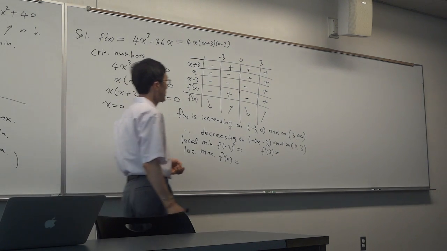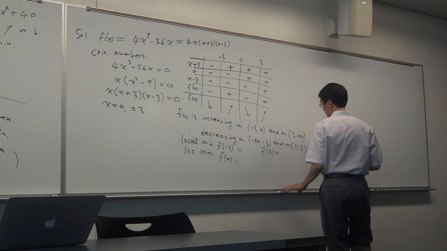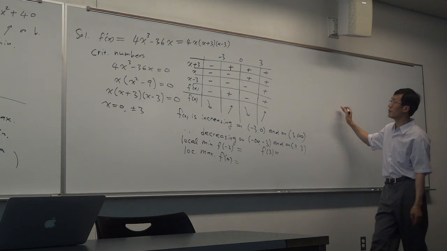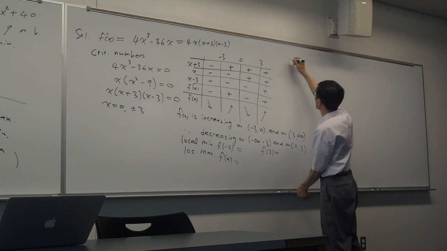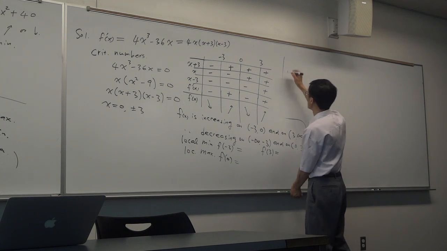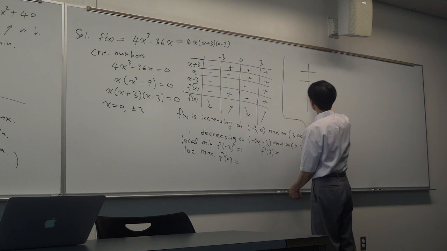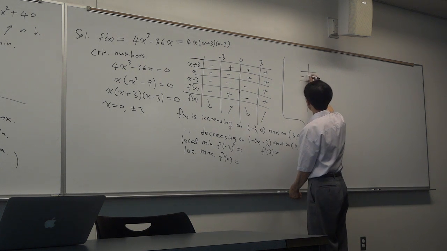All right, let's try to sketch the graph. Before you sketch the graph, I always suggest that you make a table which includes the critical numbers, which are -3, 0, and 3, plus any numbers you like.